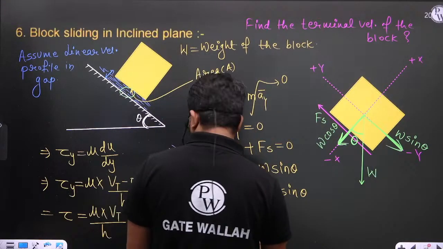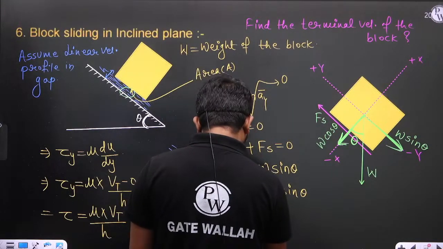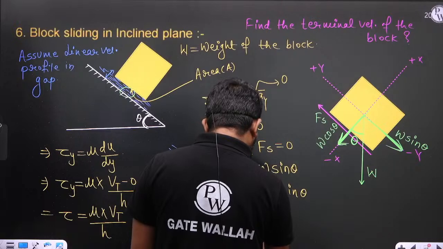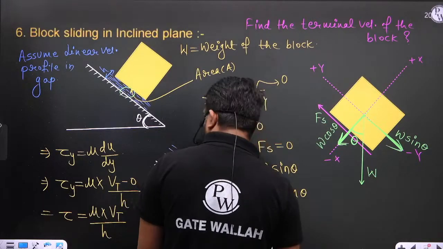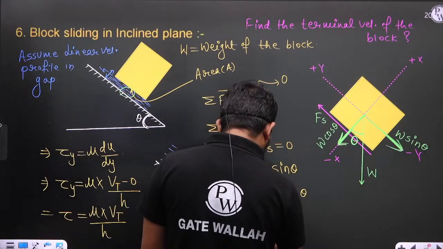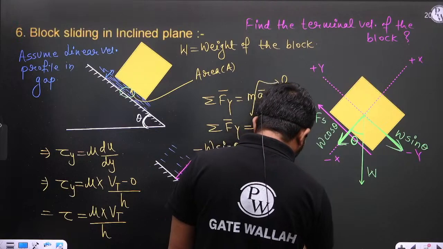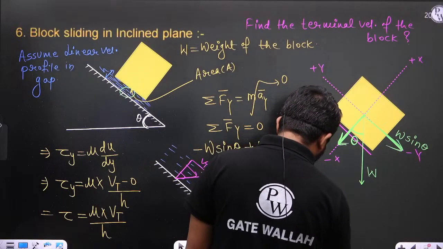So mu Vt by H multiplied by A is equal to W sin theta.